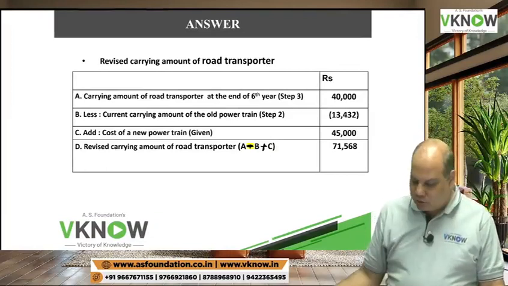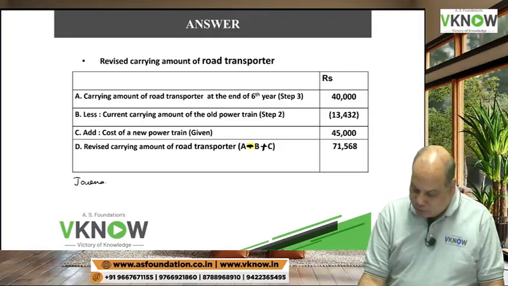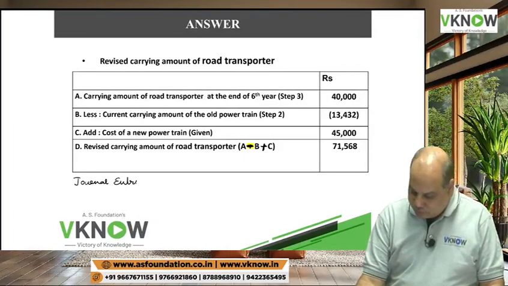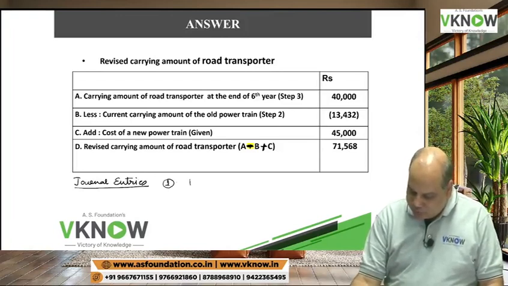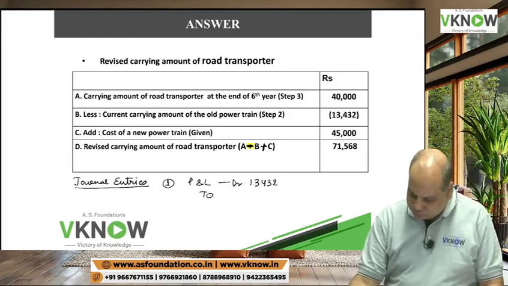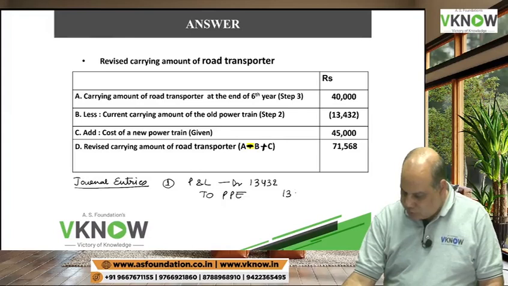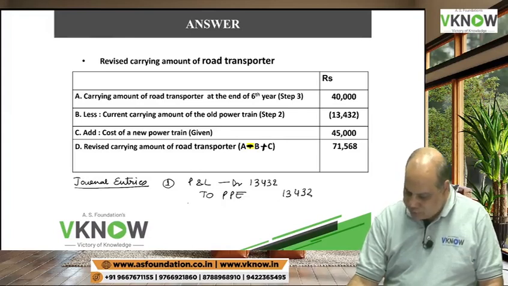So this is the answer to this question. What two journal entries will they pass? The first journal entry will be: P&L account debit 13432 to PPE 13432.